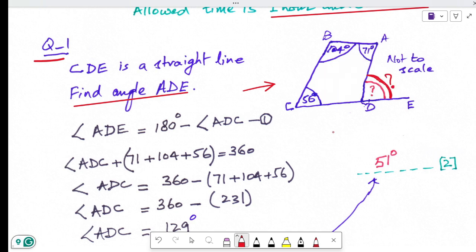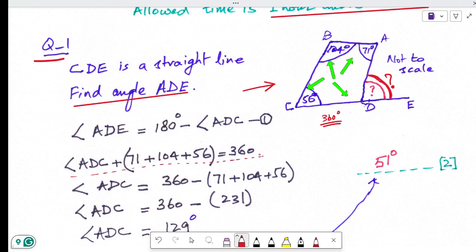Then if we look at the inside of the figure, sum of all four angles will be equal to 360 degree. Any closed geometrical figure, their interior angle sum will always be 360 degree. So first of all, we work out angle ADC. So angle ADC plus the other three angles which are given, when they are added, will be equal to 360 degrees.